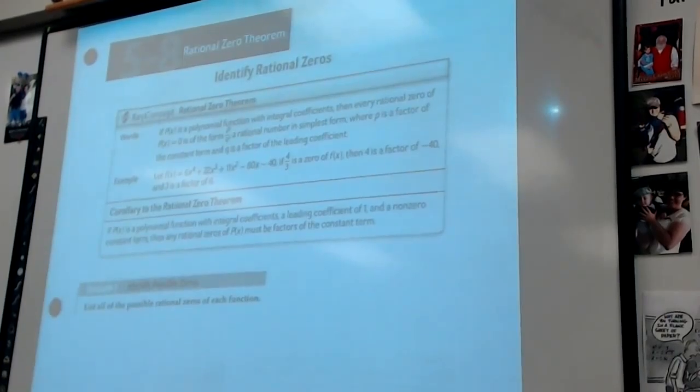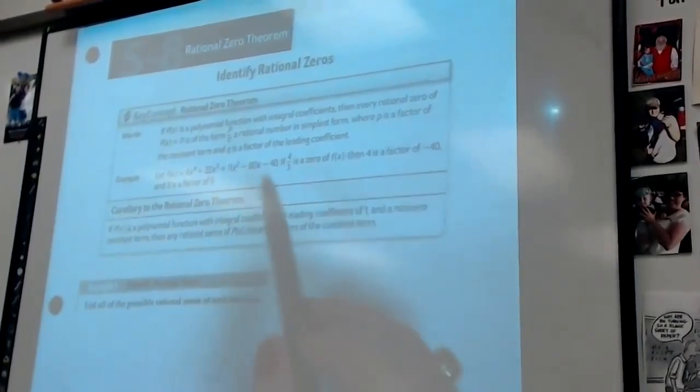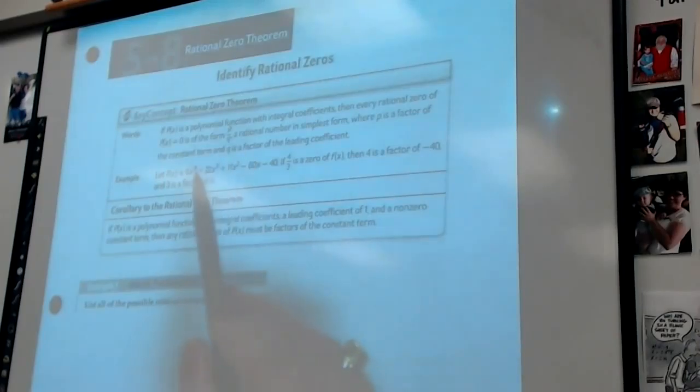So basically what the rational zero theorem says is that your possibilities for zeros can be found by taking the factors of the constant and dividing them by the factors of the leading coefficient.